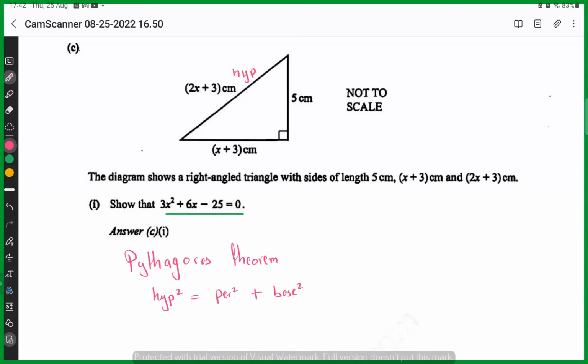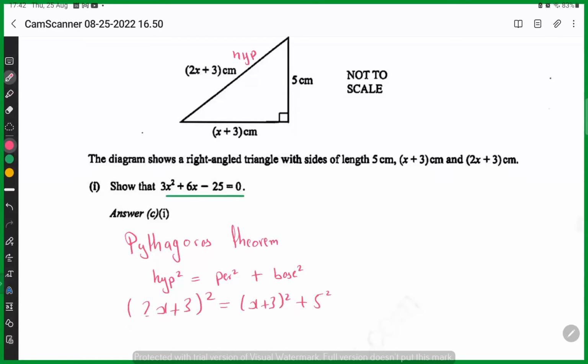You can consider any side as perpendicular and any side as base. That's completely fine in case of Pythagoras theorem, okay? So 2x plus 3 squared is equal to, I'll take x plus 3 squared plus 5 squared.